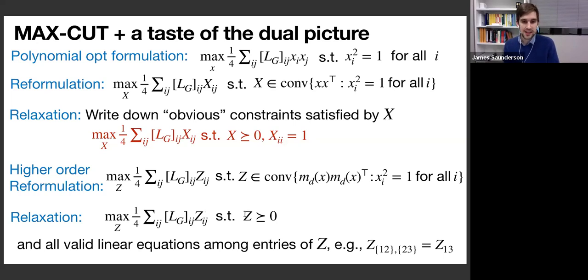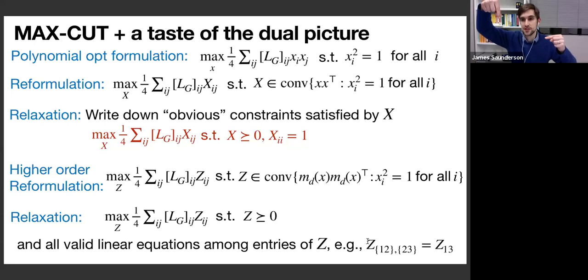And so what does that look like? Well, again, I've taken the outer product of two vectors and taken the convex hull. So these huge matrices should all be PSD. And the kind of linear constraints you'll see among the entries are, for example, constraints like this. If you think about the entry indexed by the monomial x1 times x2, and the entry indexed by the monomial x2 times x3, if these really were coming from binary vectors, then x1 times x2 times x2 times x3 equals x1 times x3.